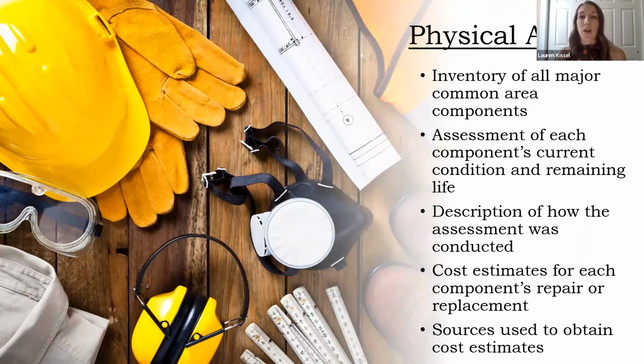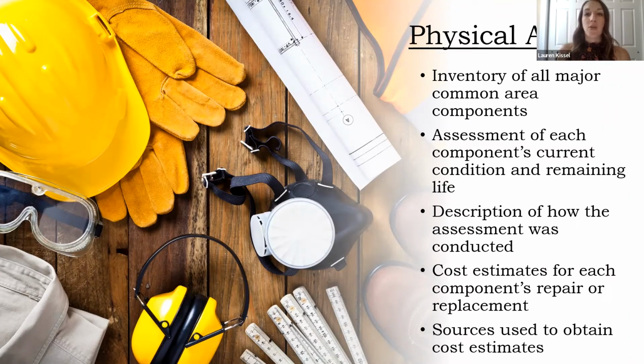They're not running things. It really is just a physical visual inspection of each component. A lot of the information that these engineers rely on comes from either the board or management. So we're letting them know how old we think some of the components are. If they've been replaced recently, we let them know. We're also looking at the standard list and letting them know which items are the association's responsibility and need to be reviewed.